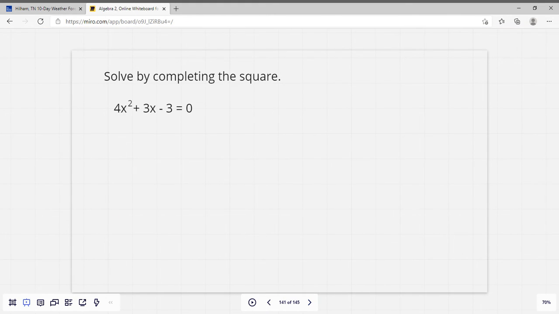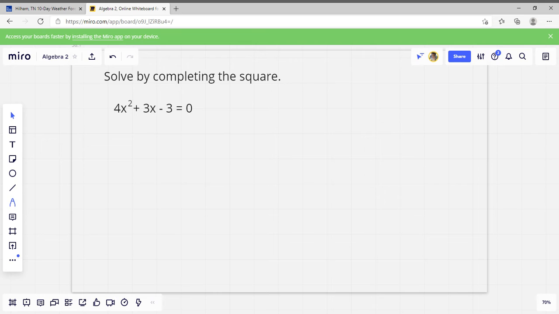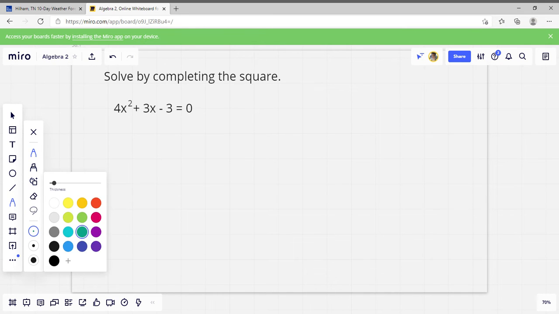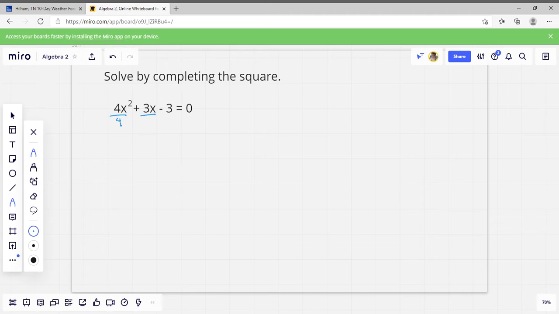All right, let's work one. Okay, so the first thing we see is that our lead coefficient is not 1, so that means that we're going to have to divide everything by that lead coefficient. We're going to get x squared plus 3/4 x minus 3/4 equals 0.